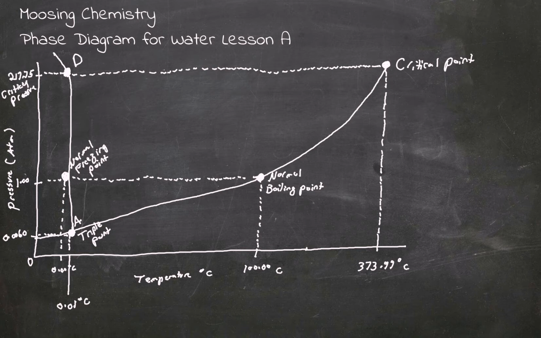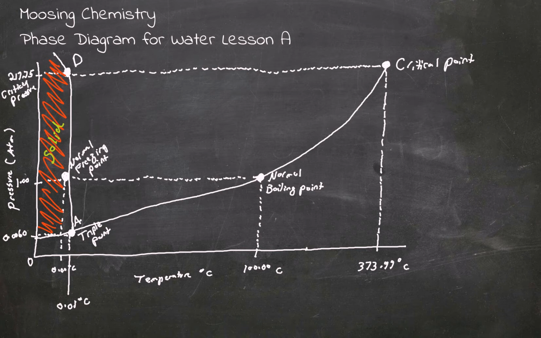So now, if you're in this area, your temperature and pressure lie in this area, you are going to be in the solid phase. So your water is going to be solid.